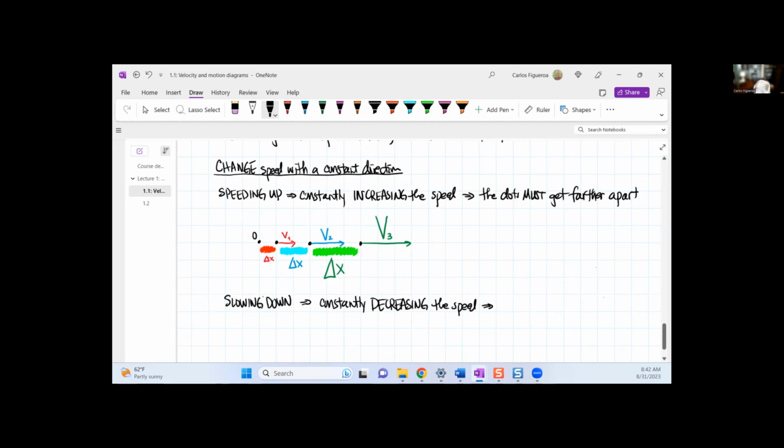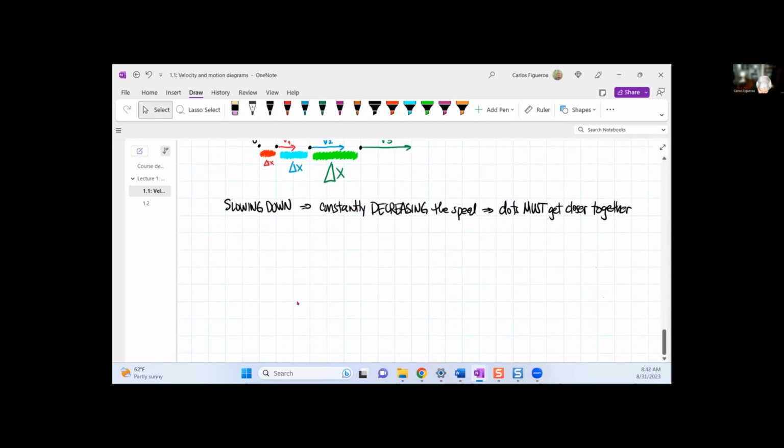So now we know that the dots must get closer together. This makes it tricky on the motion diagram. Why does it make it tricky? So let's start to look at this guy here.